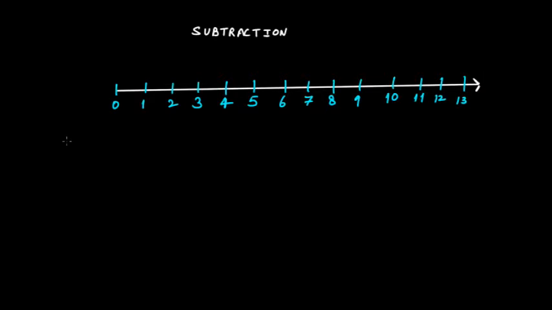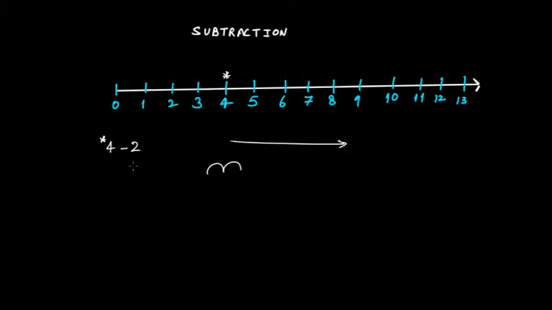Suppose the question is 4 minus 2. In that case, this is 4, right? So jump straight to 4. Now in the case of addition, you were jumping towards the right, or forward.